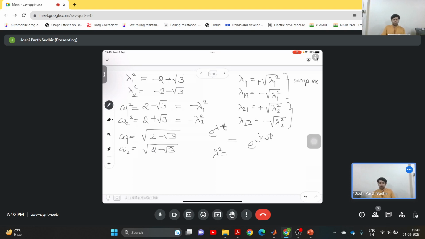So minus lambda square will be equal to omega square in this case. So that's why we say that omega 1 square is minus lambda 1 square and omega 2 square is minus lambda 2 square. Since we assume the solution of the form e to the power lambda t, we get the frequency as minus lambda square.